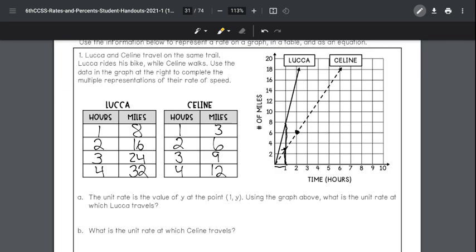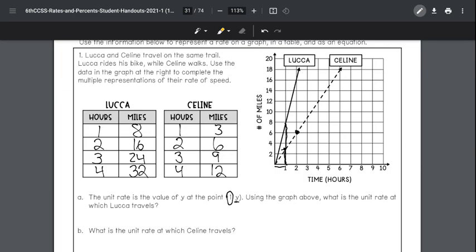Okay, so then part A says the unit rate is the value of y at the point 1 comma y. Using the graph above, what is the unit rate at which Luca travels? Okay, so it's telling us if in 1 hour of time, how many miles did he ride?